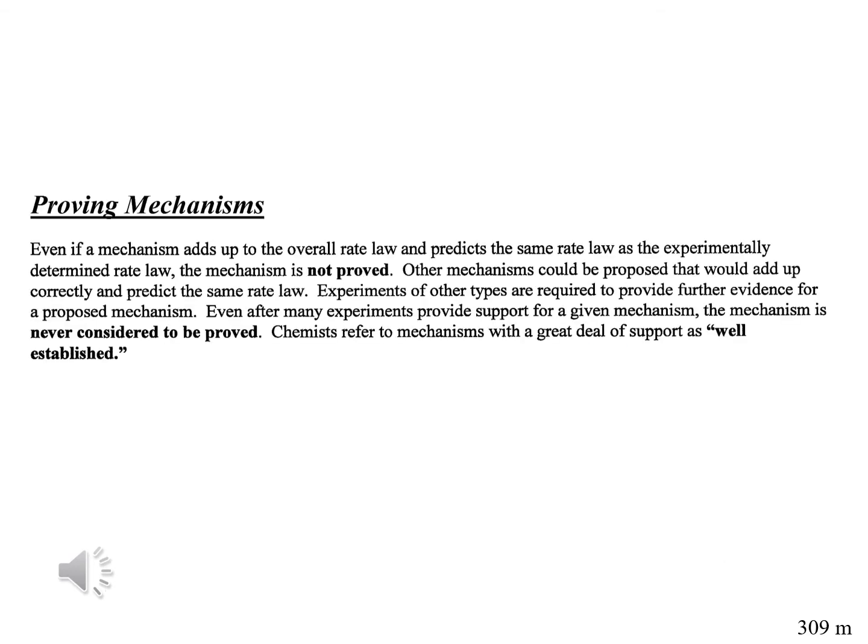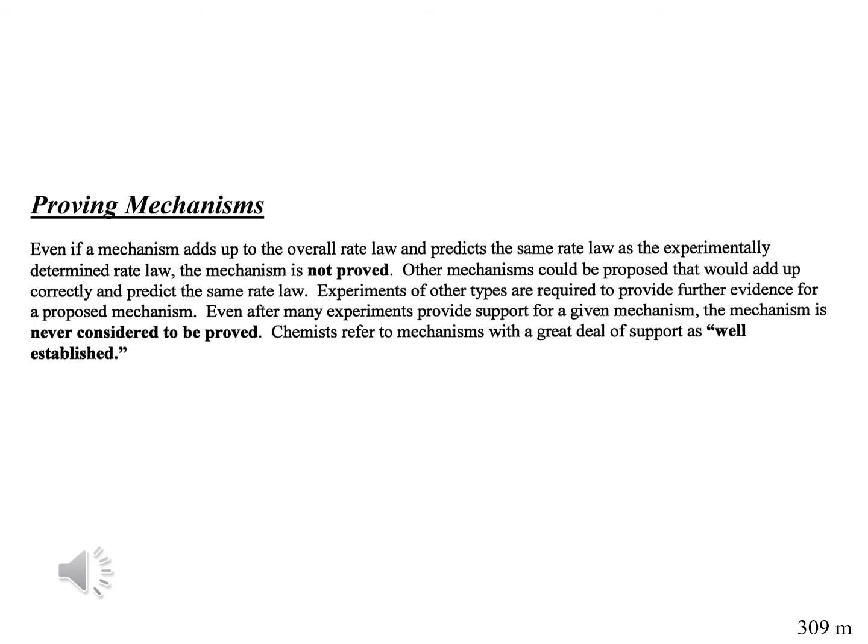Now, even if those two tests are valid, that doesn't prove the mechanism. You have to do many further experiments to verify it. And no matter how many experiments you do, you can't be sure the mechanism is correct, because there could always be more steps.